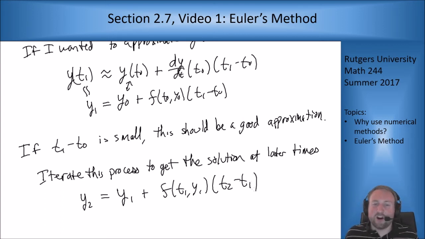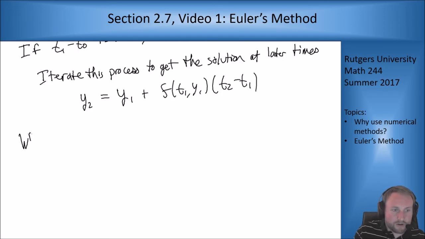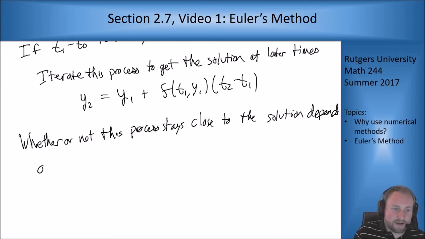But we didn't know if our actual solution is supposed to hit t1, y1. So we might be off by a little bit more than we were before because we've now done this process twice. Whether or not this process stays close to the solution depends on f and the initial condition.